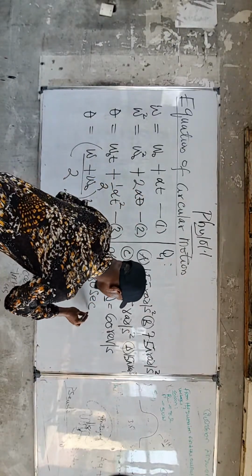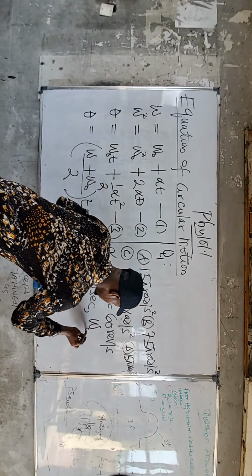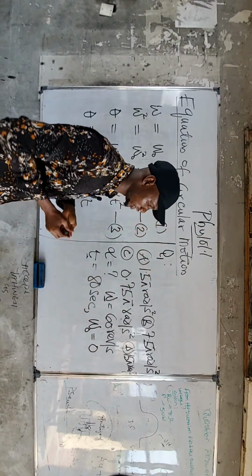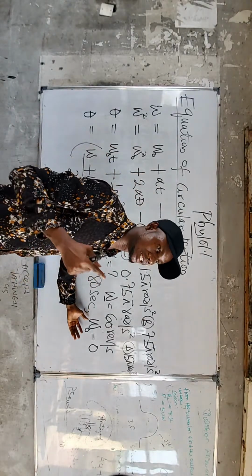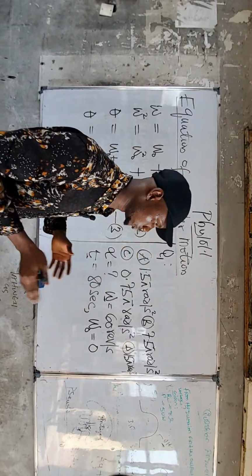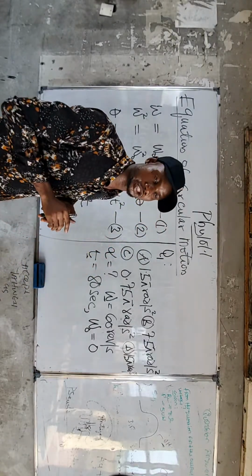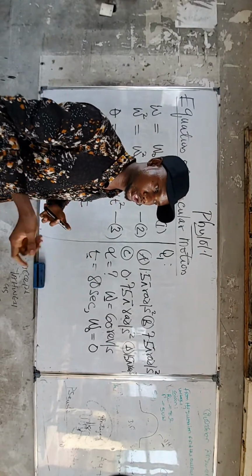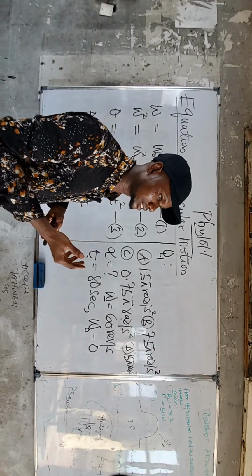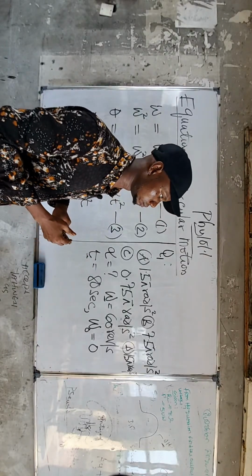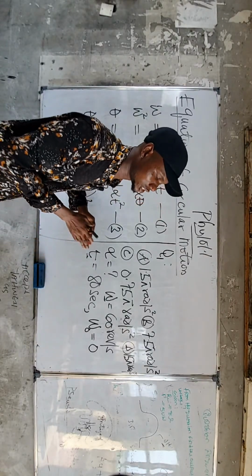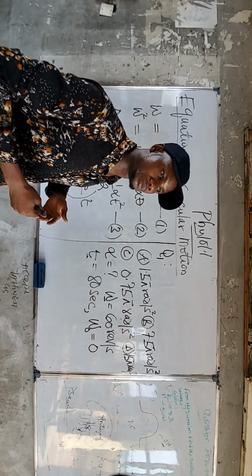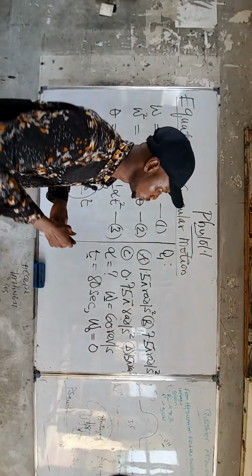So if an object is at rest, that means omega naught will be equal to 0. Whenever an object starts from rest, the initial velocity will be equal to 0. Whenever an object stops, it means that v is equal to 0. Whenever an object is starting from rest, u is equal to 0.